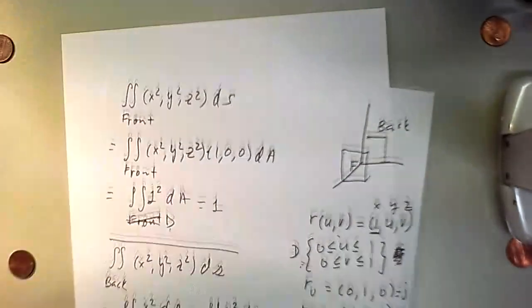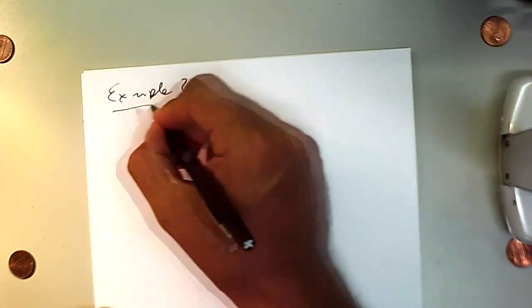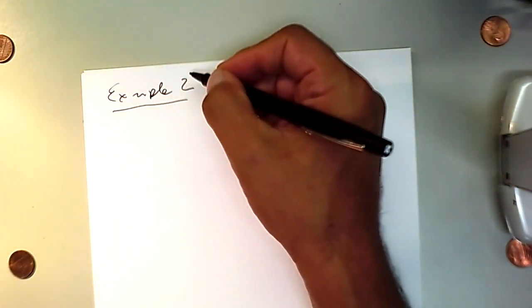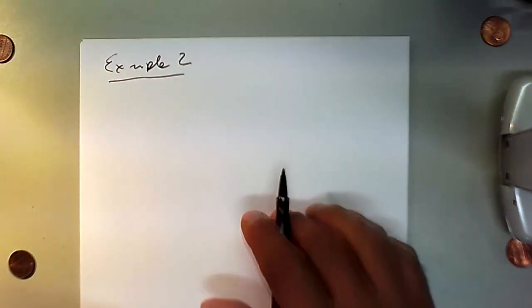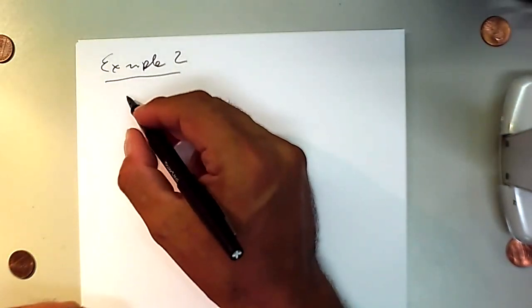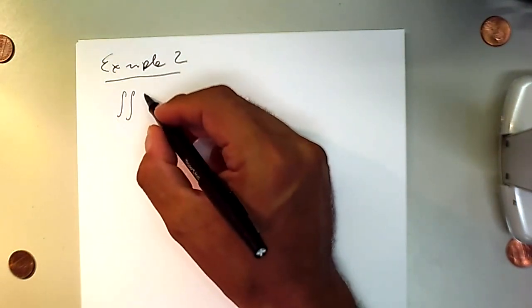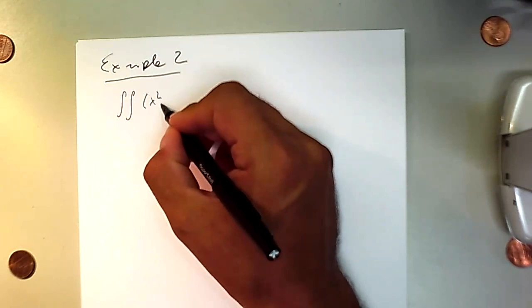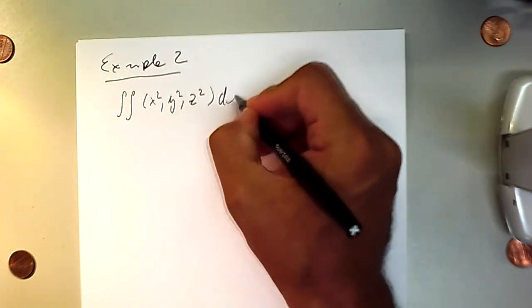Okay, let me get started with a second example. Example 2. All right, let's do the same integral over the same vector field, x squared, y squared, z squared, with respect to the surface.